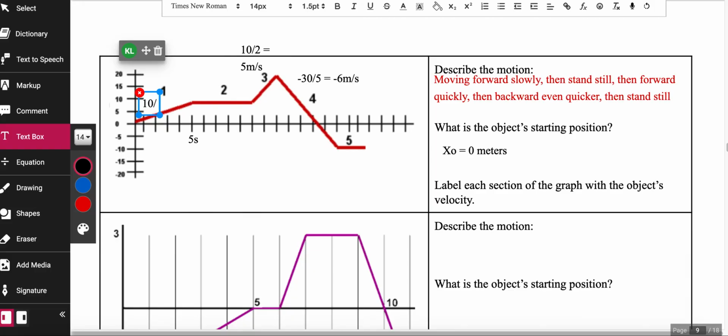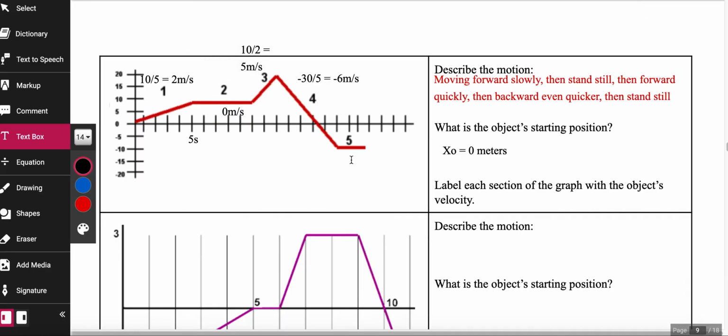I have a run of 5, so I'm moving 2 meters per second during this portion. Okay, during 2, of course, I'm just moving 0 meters per second. And the same for number 5.